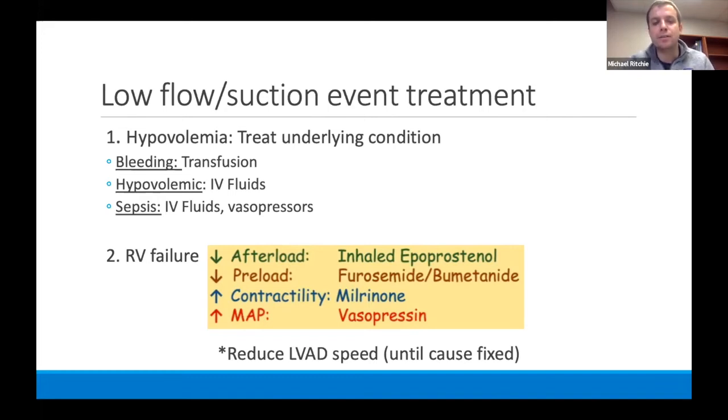It's better to turn down the speed and be underperforming, with a little less cardiac output than what you need, but keep those flows up, than to maintain that speed and keep having suctioning over and over again. So reduce it down, wait till you get everything fixed, and then try to turn it back up.